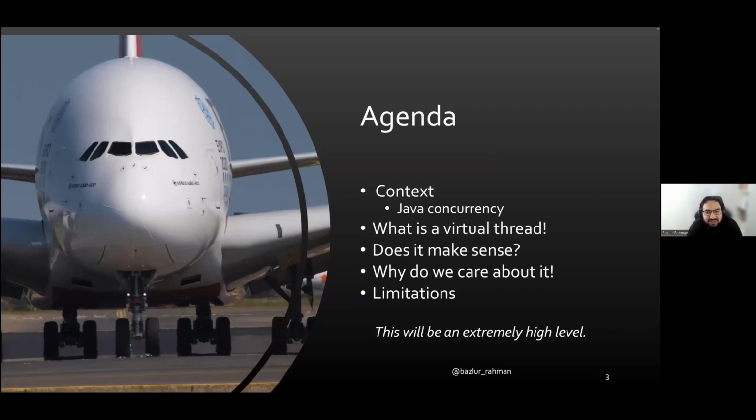What I'm going to do over here is give you a bit of context. What is Java concurrency all about, and is there any problem with the existing concurrency model, because we have been doing it for the last 27 years, and why all of a sudden do we need a new paradigm, which is virtual threads, and does it even make sense, and are there any limitations.